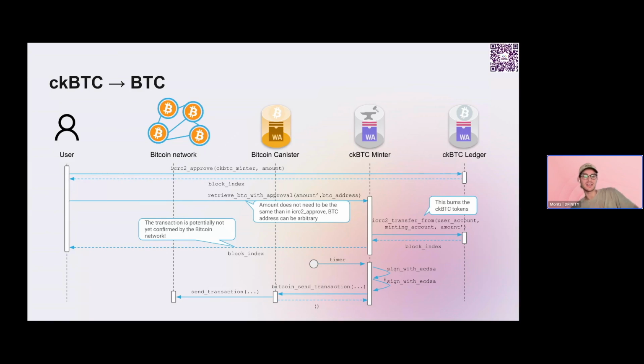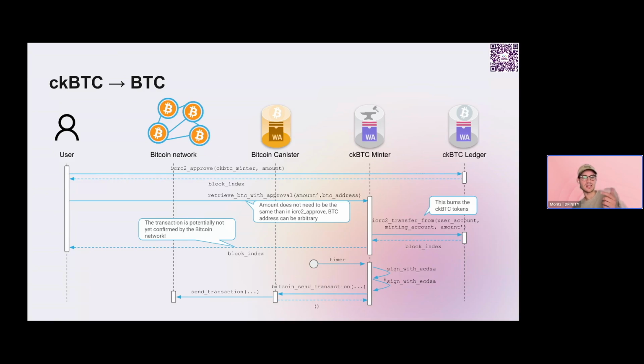So we basically tell the ckBTC ledger, hey, it's okay for the ckBTC minter to, on my behalf, transfer this amount of ckBTC. And then, subsequently, we call the retrieve Bitcoin with approval endpoint to inform the ckBTC minter about our withdrawal intent.